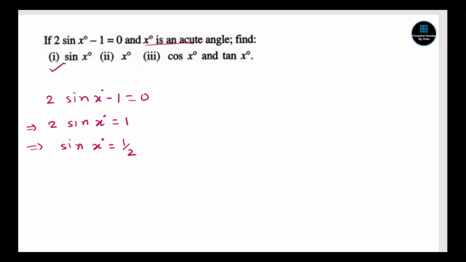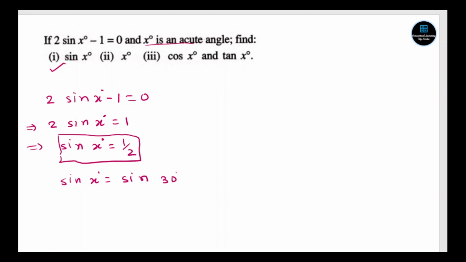So I got this first angle. Now I know that sine 30 degree is 1/2. So sine x degree is nothing but sine 30 degree, because 1/2 is sine 30.